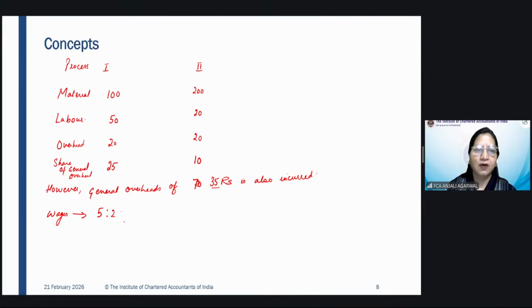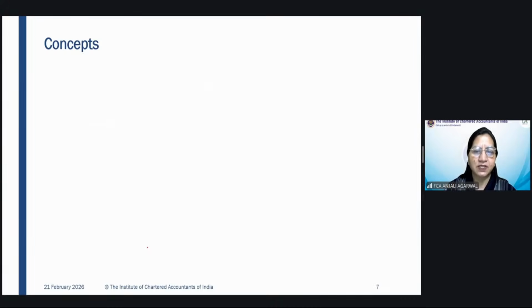Now, a very interesting thing which is particularly related to process costing is terminologies like normal loss, abnormal loss, and sometimes abnormal gain.